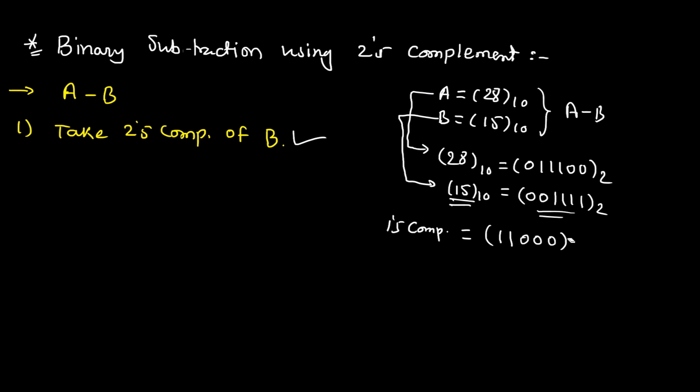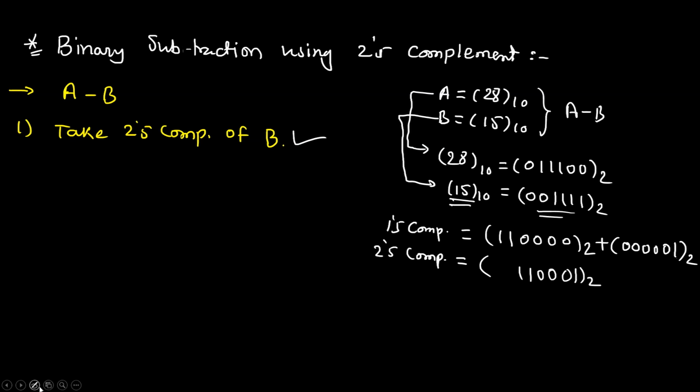To calculate the 2's complement, we have to add 000001 to the given number. So 0 plus 1 is 1, then 0 plus 0 is 0, and so on, and 0 plus 1 is 1, and 0 plus 1 is 1. This is the 2's complement of the given number.